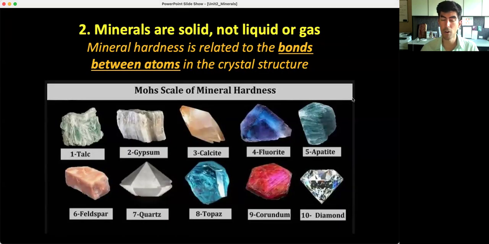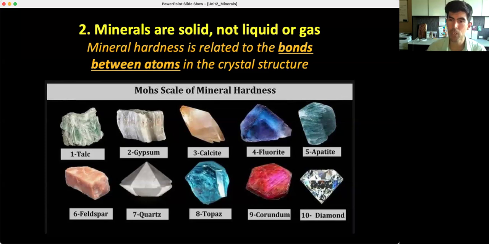Okay, requirement 2, minerals are solid, not liquid or gas. Minerals will have a solid nature to them, and they can have a variable amount of hardness. They don't necessarily all have to be of the same hardness to be a mineral. And in fact, the hardness of a mineral directly relates to the type of bonds that are connecting its atoms.